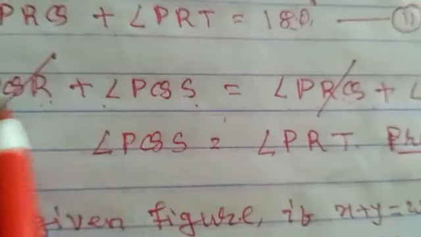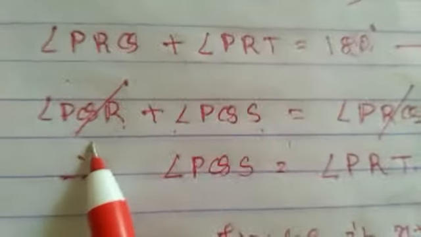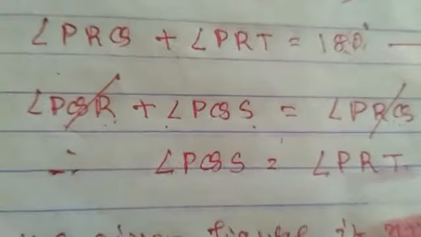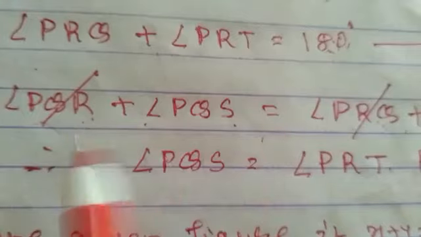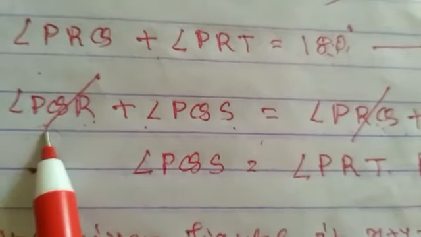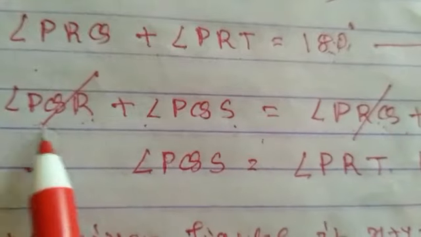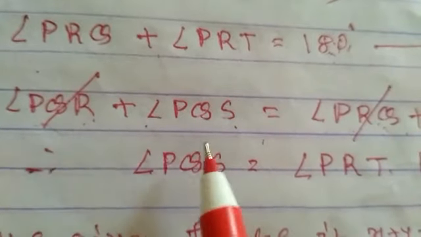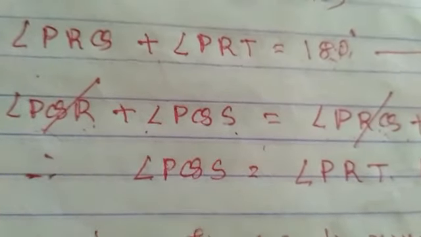Since angle PQR equals angle PRQ, angle PQR will get cancelled by angle PRQ because both are on opposite sides of the equal sign. One is on the RHS and one is on the LHS, having the same sign. So in this condition, these two will get cancelled.